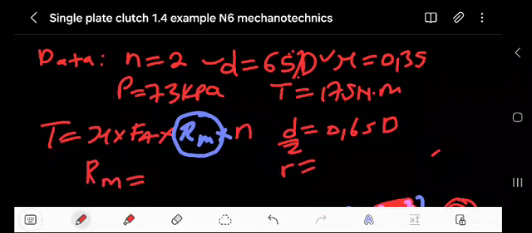Then I will have something like 0.325 R. Good.